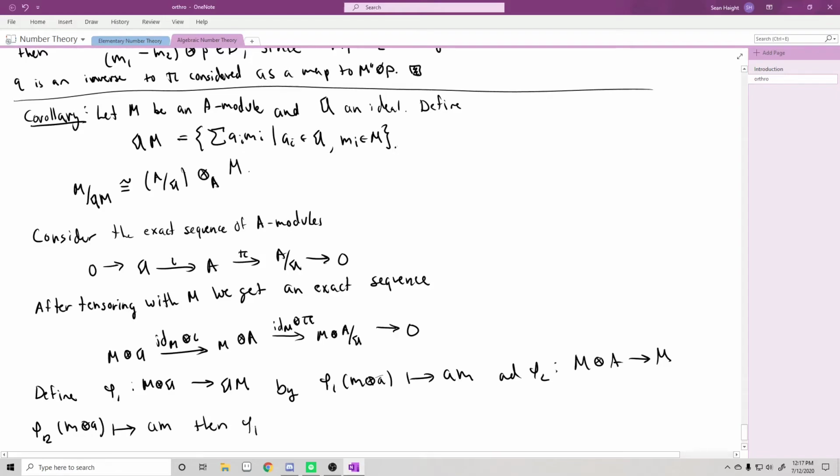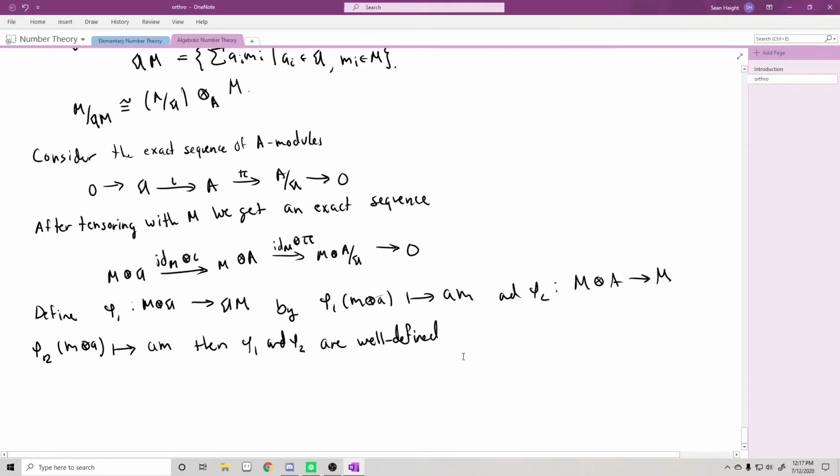Then varphi 1 and varphi 2 are both isomorphisms of A modules. So if you want to check that these are actually isomorphisms, I would suggest trying to define some kind of an inverse.